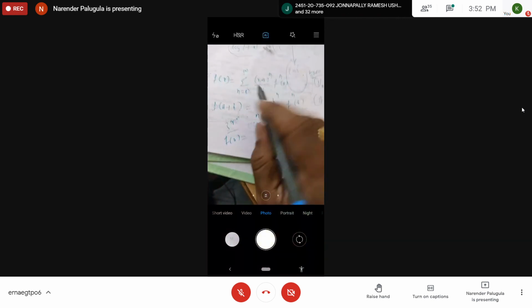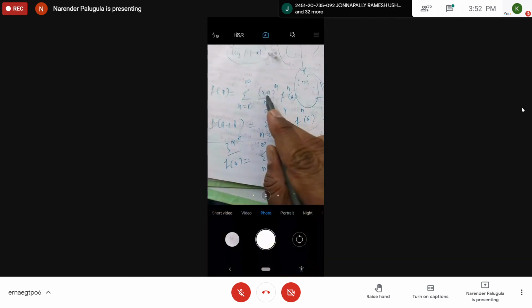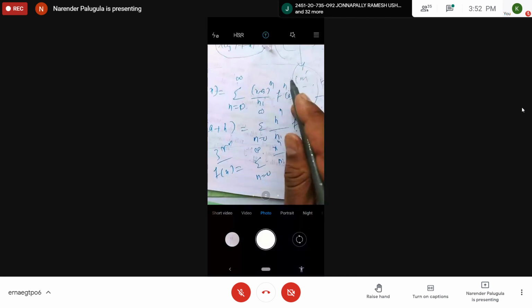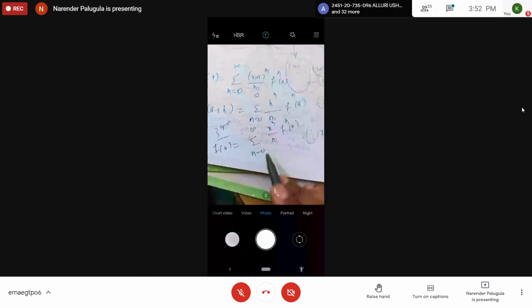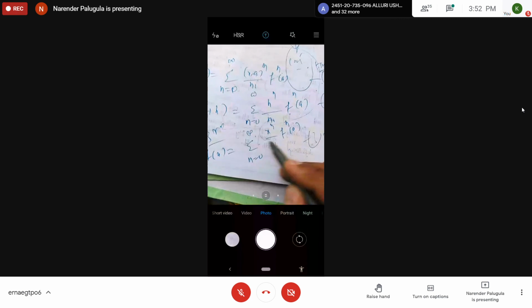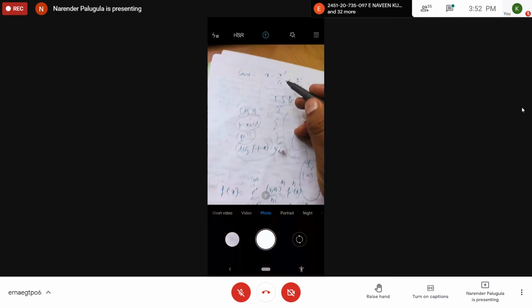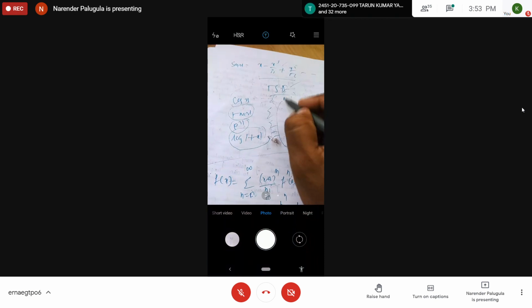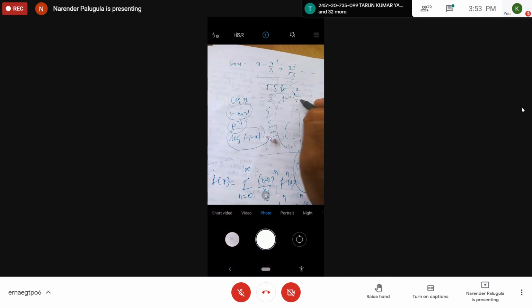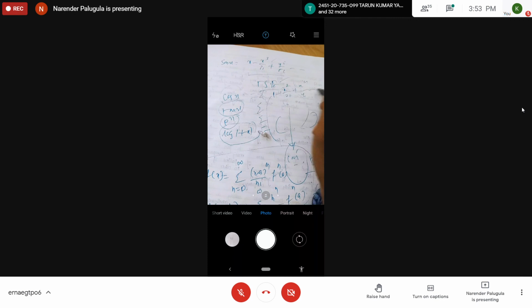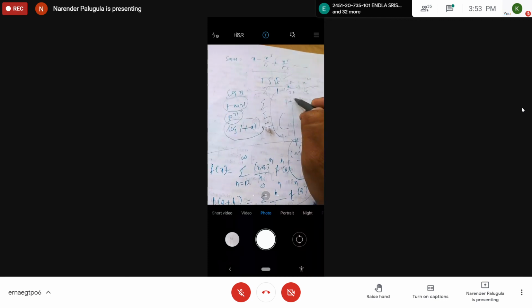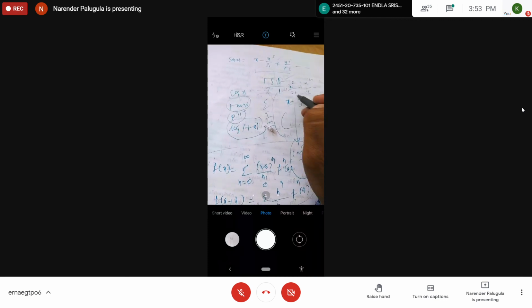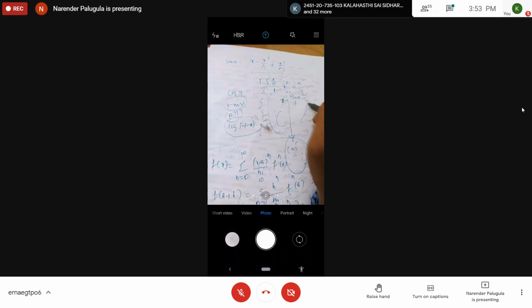And one more thing: in this expansion we have x minus something with increasing powers, but in this one clearly we have x powers only. This is due to the third formula. All are the cos function: cos x is 1 minus x square by 2 factorial plus x power 4 by 4 factorial, and so on. Tan x: x minus x cube by 3 plus x power 5 by 5.